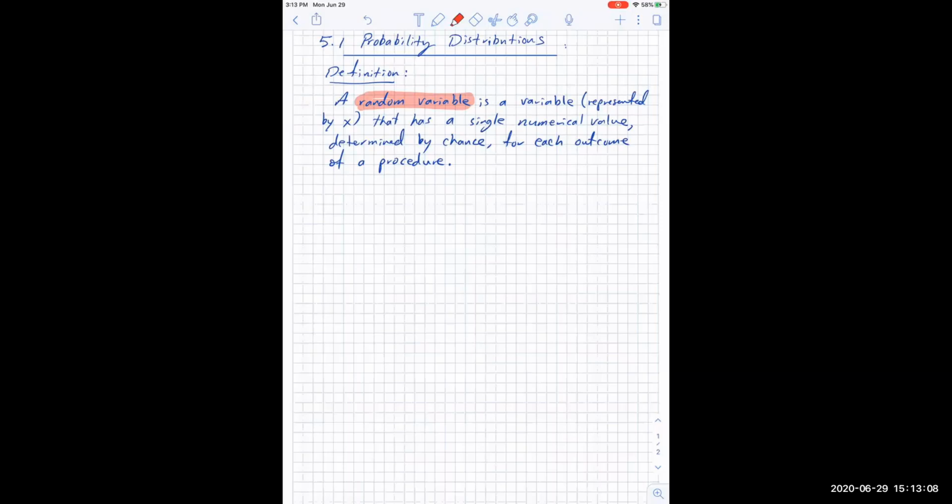Okay. Now, in general, when we work with random variables, we have two types. Types of random variables. Discrete, and in this case, the values of X are whole numbers.